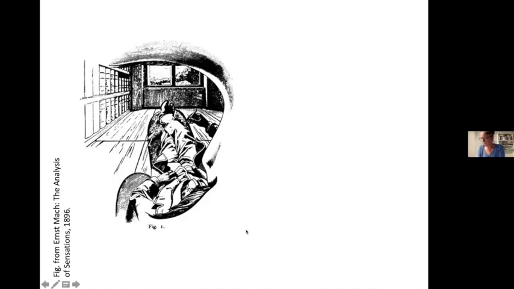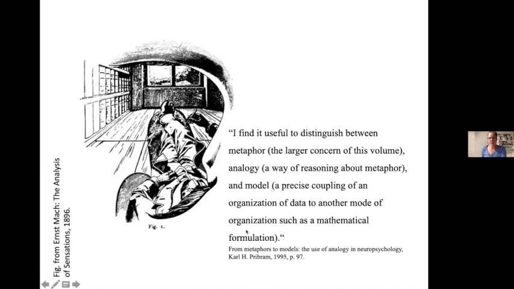And in one of the chapters on the metaphors in psychology, Karl Pribram wrote that I find it useful to distinguish between metaphor, the large concern of this volume, and analogy, a way of reasoning about metaphors, and model, a precise coupling of an organization of data to another mode of organization, such as a mathematical formulation.